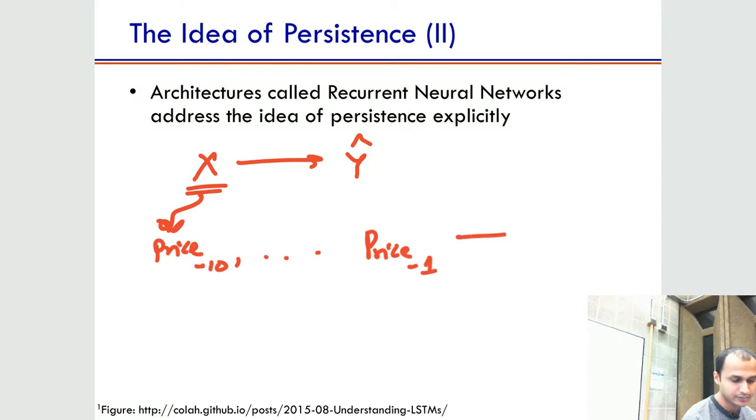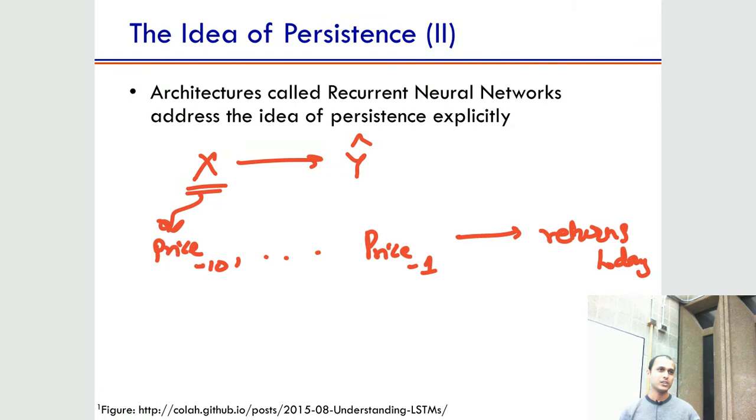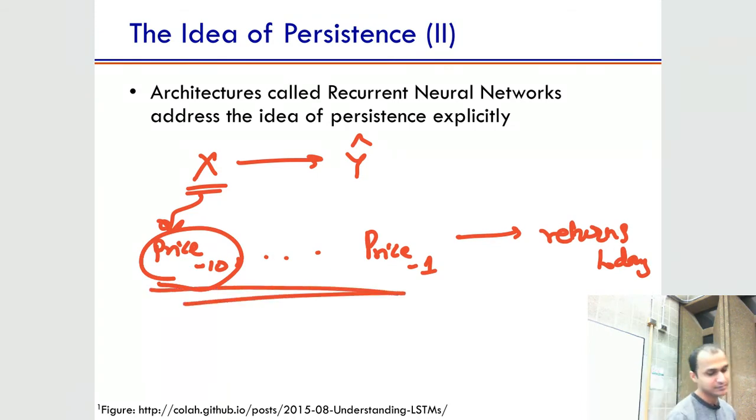Okay, and now you're trying to predict returns, returns today. So both ARMA models and RNNs are explicitly trying to break your input observation. Okay, you're not thinking of that as a single block now. You're literally trying to explicitly capture that. Price 10 days ago may be not very relevant. Price yesterday may be more relevant. So you're capturing that in a linear fashion in, for example, an ARMA model, right?